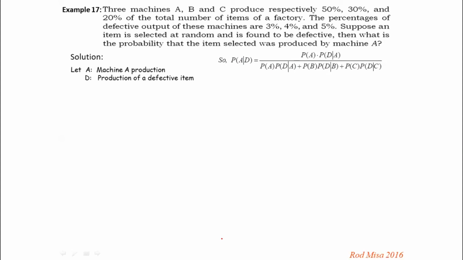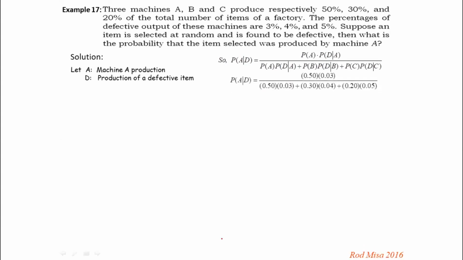So the probability that the item selected at random was produced by machine A, given that it was defective, is given by the probability of the production of machine A times the probability that it was defective, given that it was produced by machine A, all over the total probability of the defective items for the whole factory.